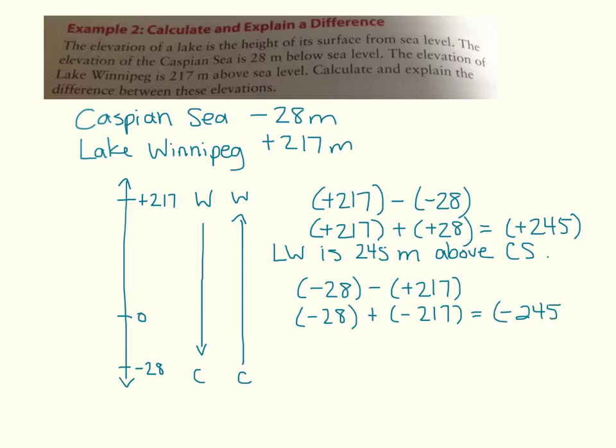What changes is the sign. But it's not because the distance has changed or the difference has changed. It's because we're looking at it in a different way. The Caspian Sea is 245 meters below, so negative, Lake Winnipeg. And either one of these answers is actually correct.